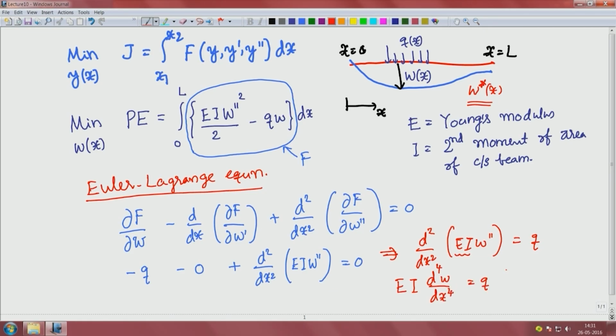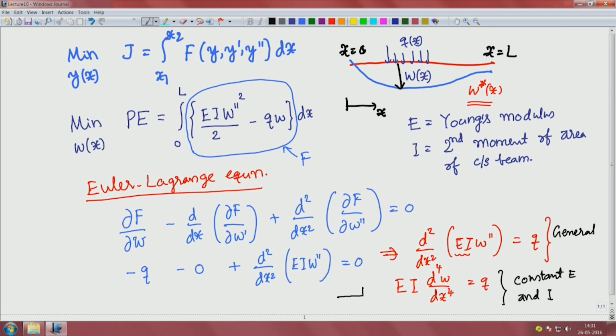This is for the general case, where E and I vary with x, and this one is for constant E and second moment of area I.